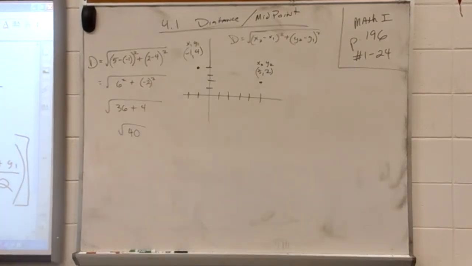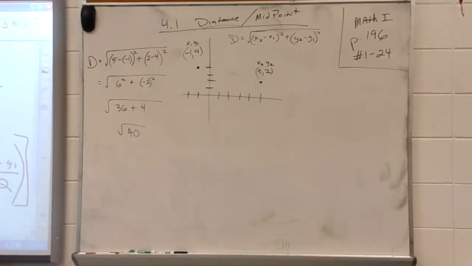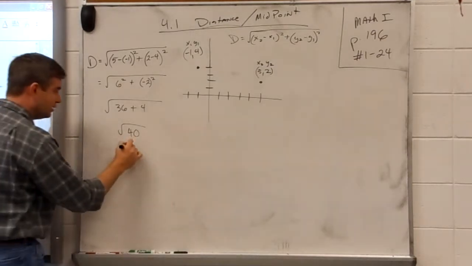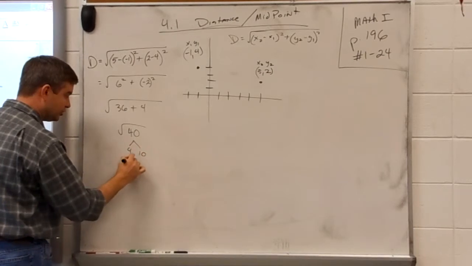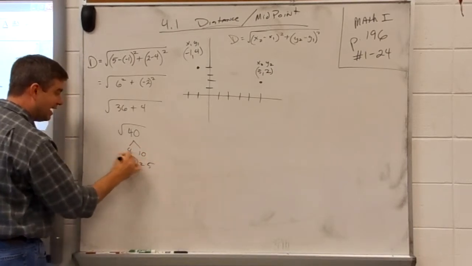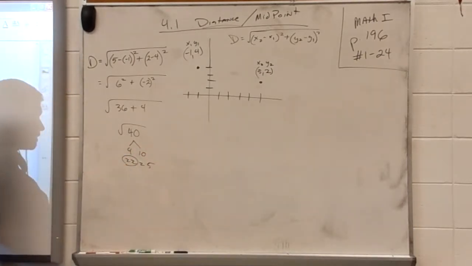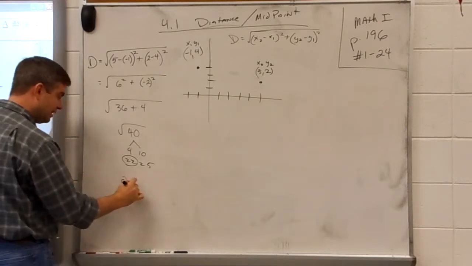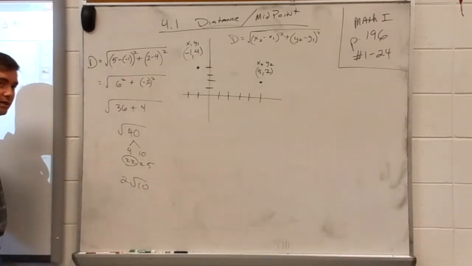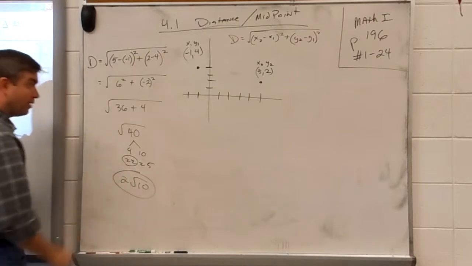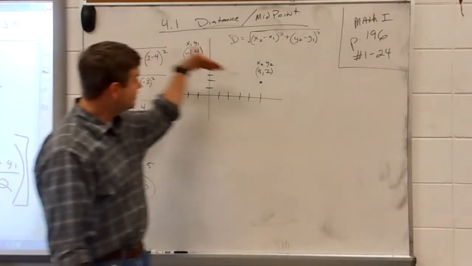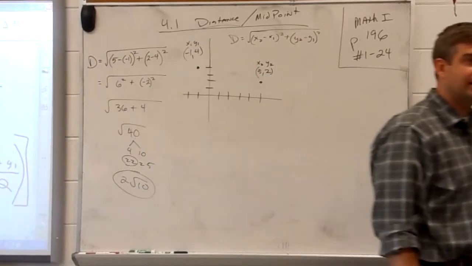Anybody? No, why not? Because it can be broken down. 4 and 10 are inside of 40. So I break this down into 4 and 10, or 2, 2, 2, and 5. I got a pair of 2's, so a 2 could come out to the front, and it's going to be 2 root 10. My only correct answer for the distance between those 2 points is 2 root 10.